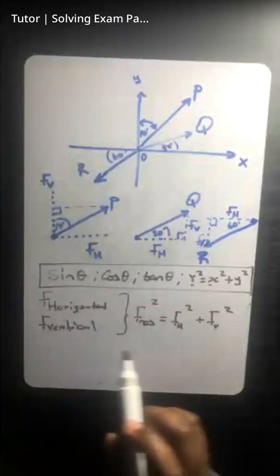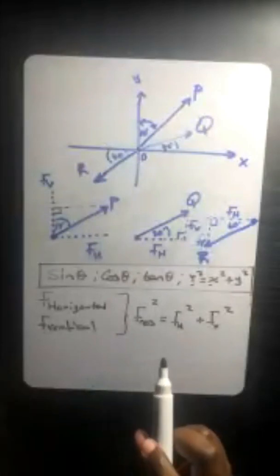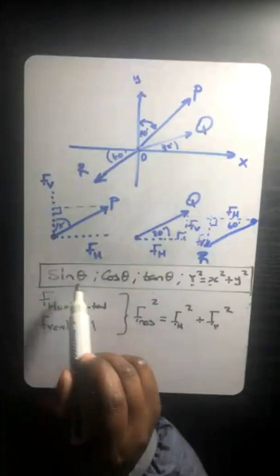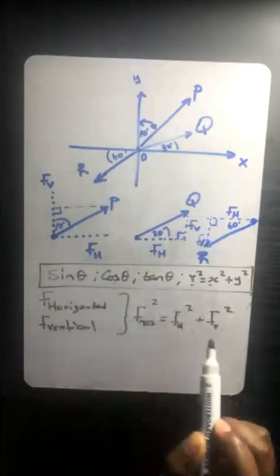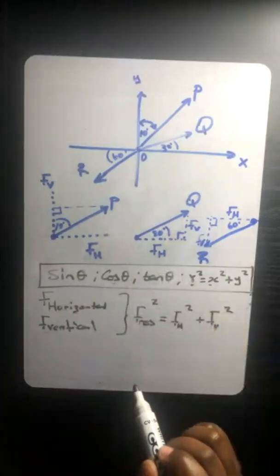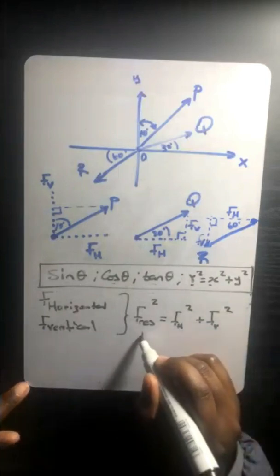So can you now see that you need to strategize in terms of how you are going to tackle this question? And then from there, you can use either sine, cos, or tan in order to calculate the angle. And that angle is going to represent the direction for that resultant force.